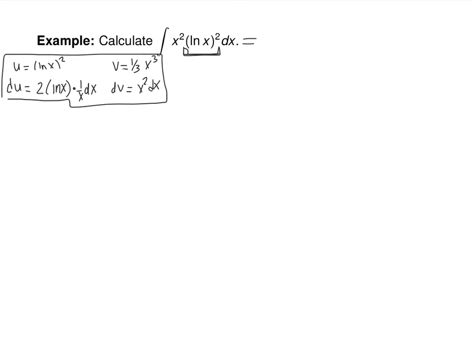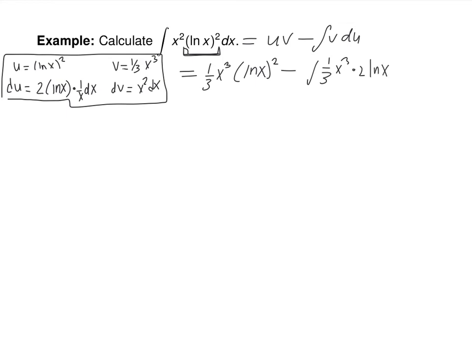So remember, the formula is uv minus integral of v du. Okay, so we have uv, I'm just going to put the v first, 1/3 x cubed ln of x, the quantity squared. Don't leave off those parentheses or it looks like x is squared, not the entire ln expression. Minus v du, so minus the integral of 1/3 x cubed times 2 ln of x times 1 over x dx.